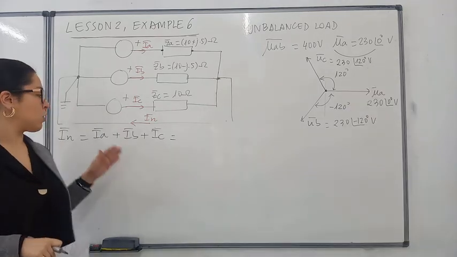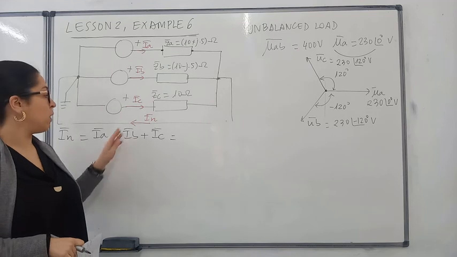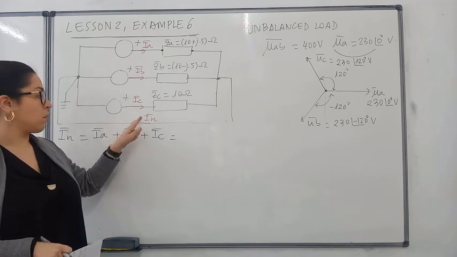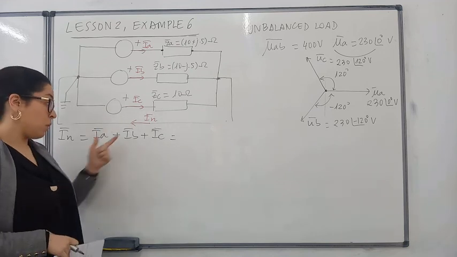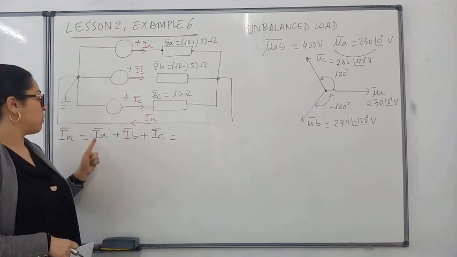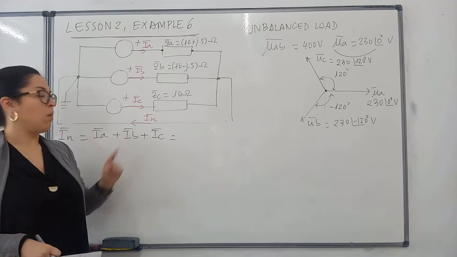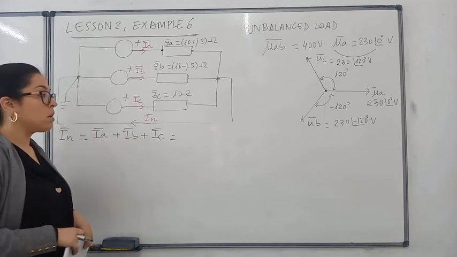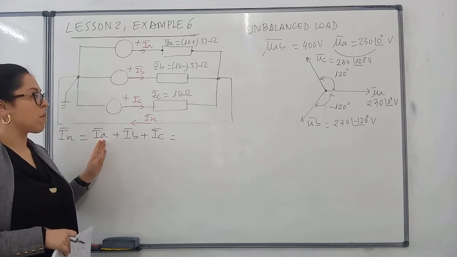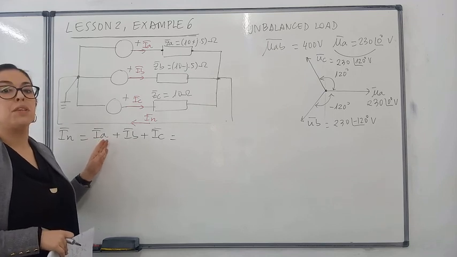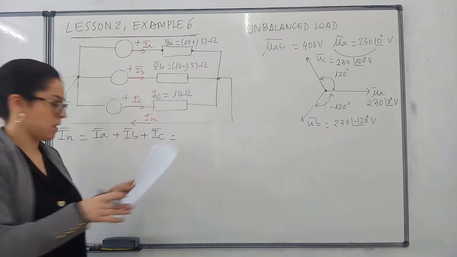So in this situation, they also ask the value of the line current which returns through the neutral conductor. This current is going to have a value equal to the sum of the three line currents. But now we are going to see that this sum is not going to be zero, because this sum is only zero when the load is balanced.